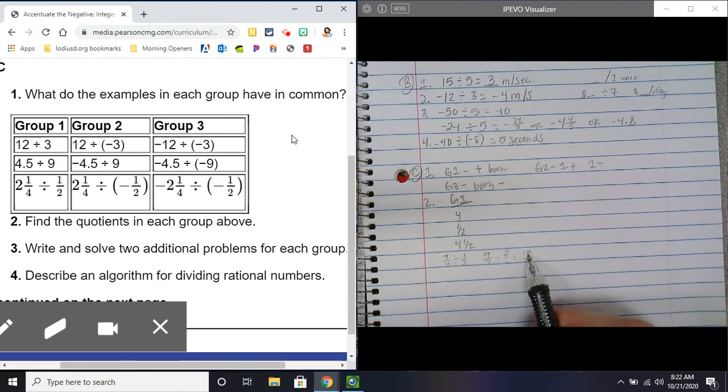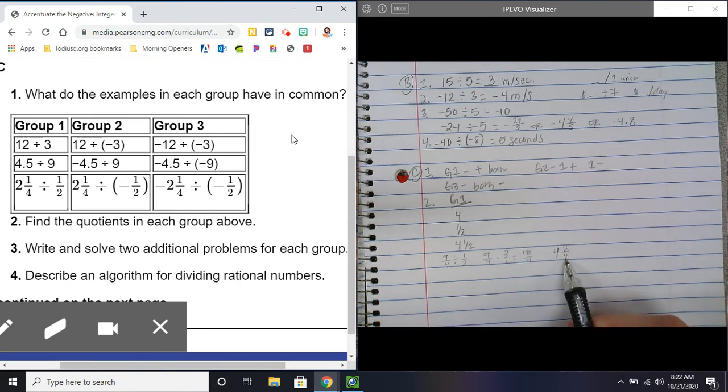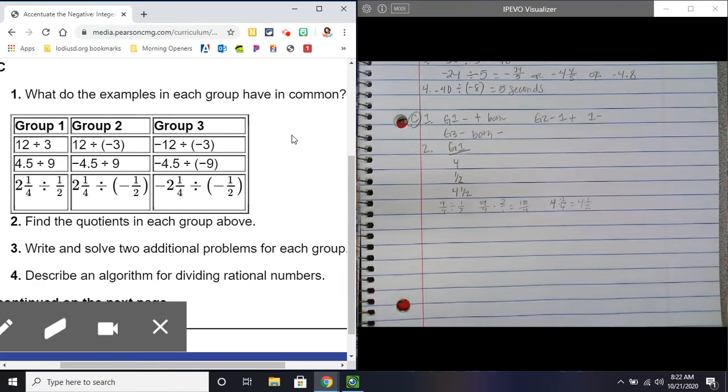So 4 times 4 is 16, which is close. So I'm going to do 4 as the big number. 4 wholes fit in there. And then you would have 2 left over, which would be 2/4. But you can reduce this down to 4 1/2. Hopefully that rings some bells for you.